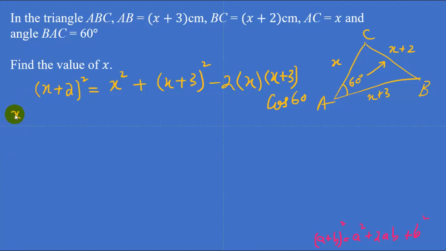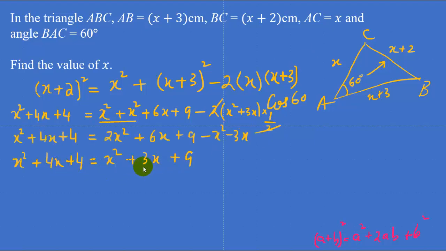It will become x square plus 4x plus 4, and in the same way we use this identity and expand this. As cos 60 is 1 over 2, this 2 will be cancelled out with this 2, and after simplification we will have this.